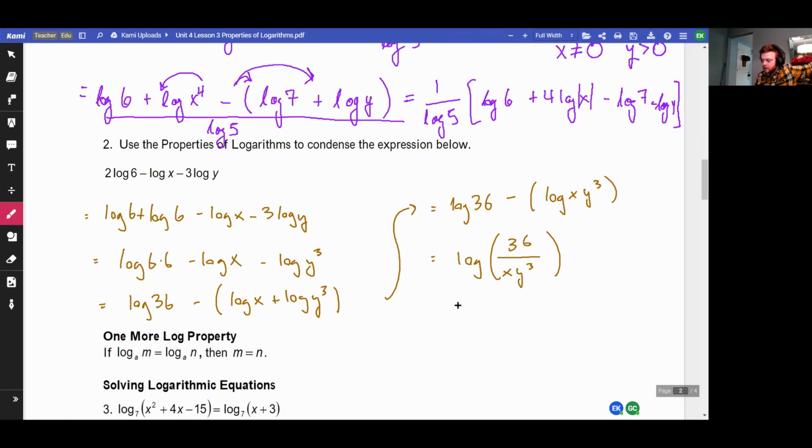The beginning is what matters. Because in my final expression, if x and y are both negative, we're cool. But that contradicts my original expression. So x can't be negative. x must be strictly bigger than 0, and y must be strictly bigger than 0. And I believe that's our only 2 restrictions. Yeah, looks good to me.